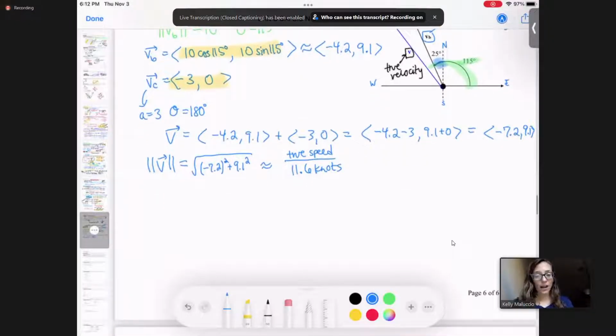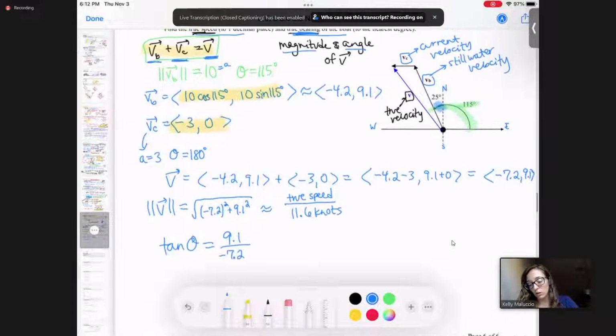So now I use another formula. I have tangent theta is my components, B over A. So 9.1 over negative 7.2. Now, keep in mind, when I do inverse tangent here, we're looking for an angle, well, okay, look at the picture.